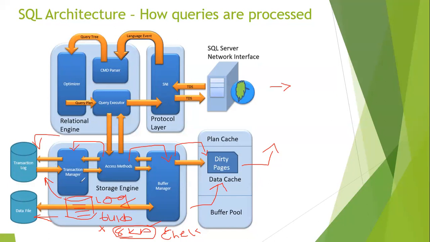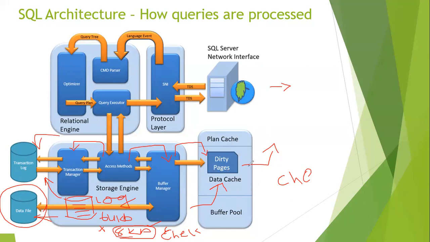So write ahead logging is nothing but writing into the transaction log file before even writing into the data file, right? So the page will be updated, and as soon as the checkpoint occurs, checkpoint does two things. One, it will write the pending transaction logs from the log cache into the transaction log file.